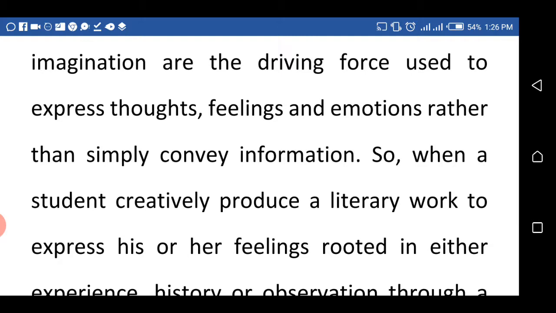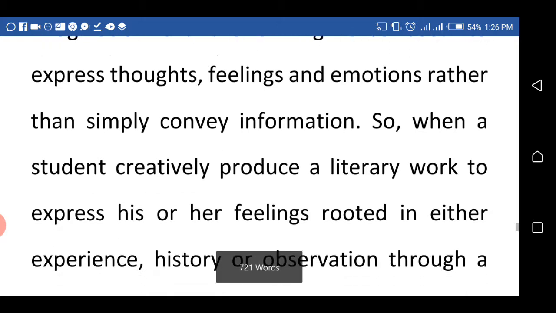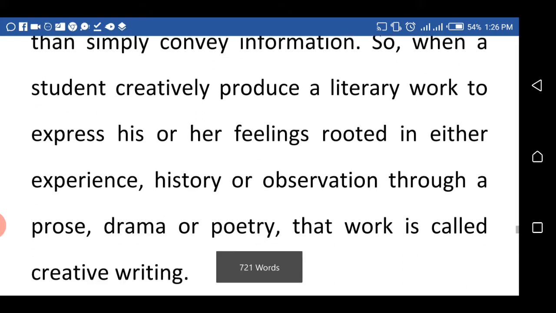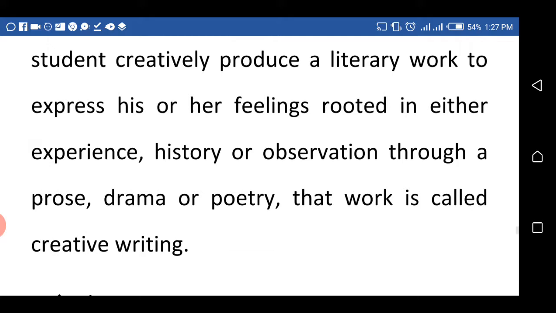So, when a student creatively produces a literary work to express his or her feelings rooted in either experience, history, or observation through prose, drama, or poetry, then that work is called creative writing.